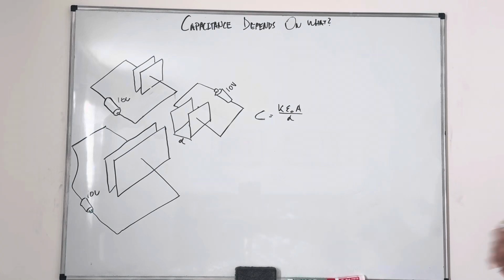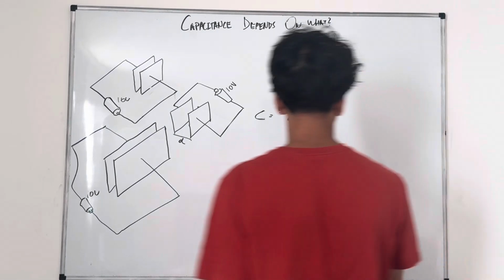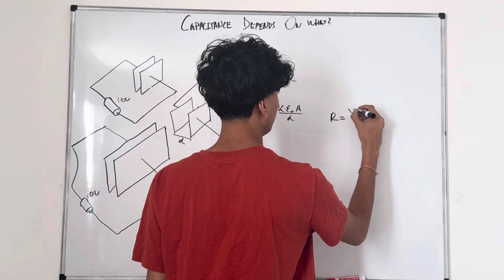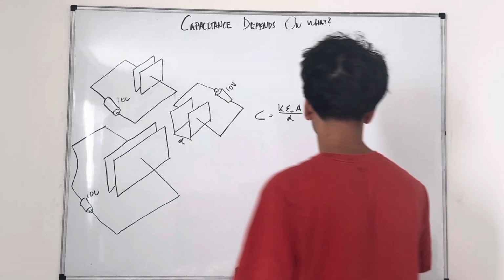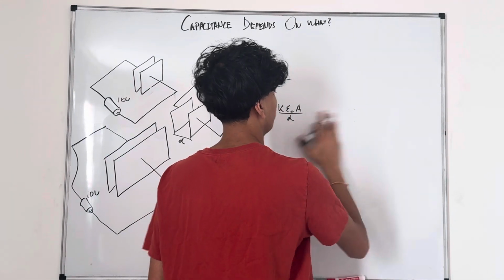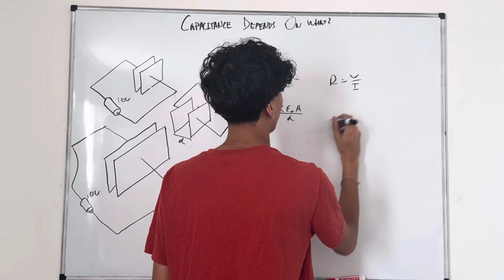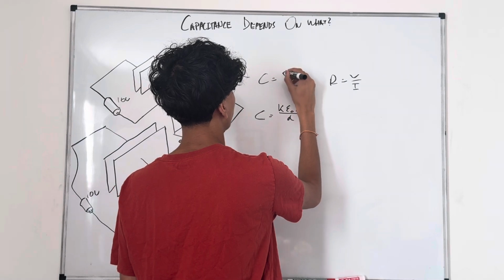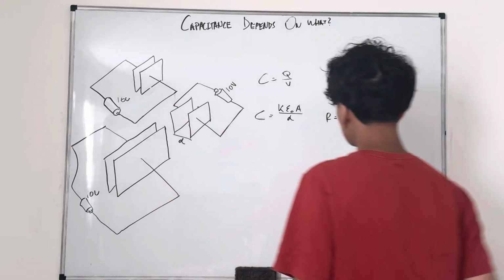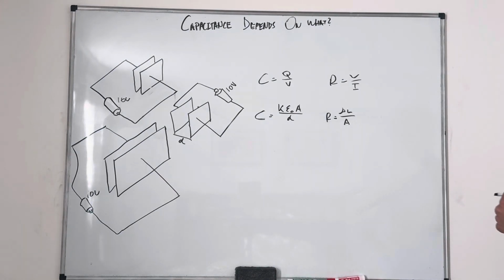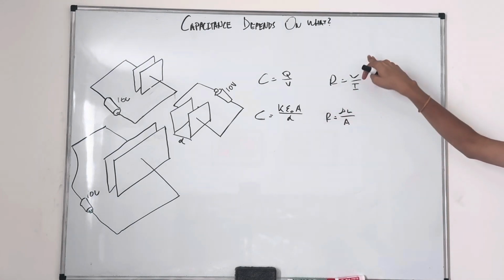If you remember with resistance, there were two equations for resistance. You had the Ohm's law version, where resistance is equal to V over I, and C is equal to Q over V. And you also had the resistivity equation, where R is equal to rho L over A. The thing about the first equation is that it's not saying the resistance is affected by the voltage.